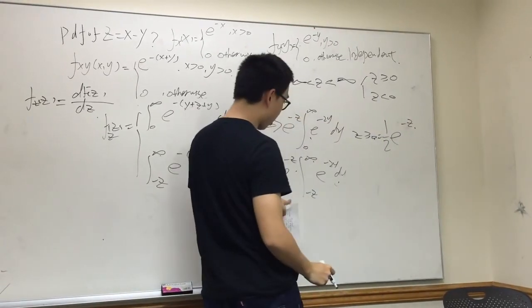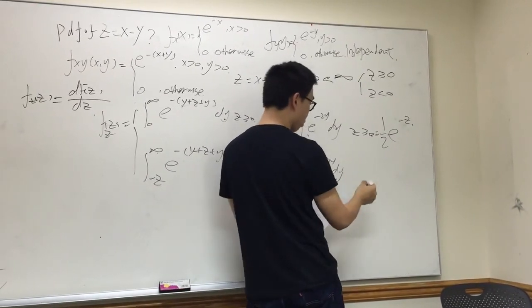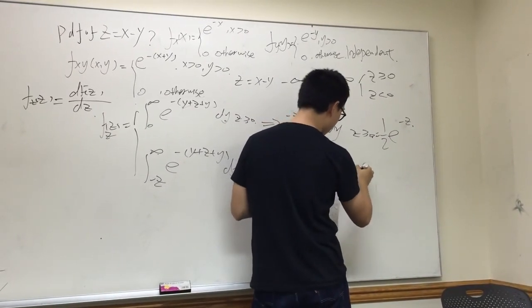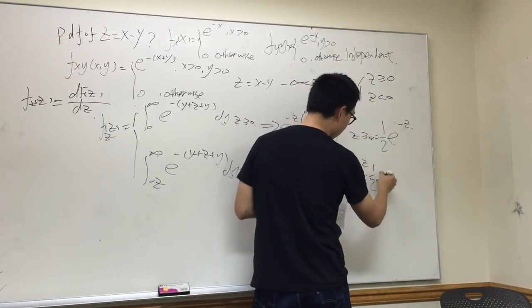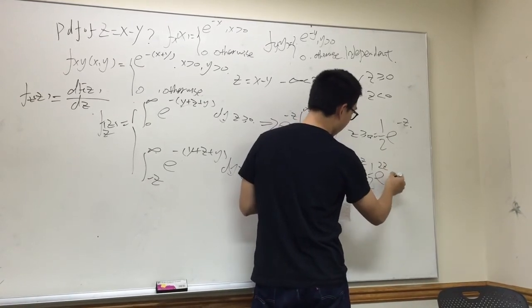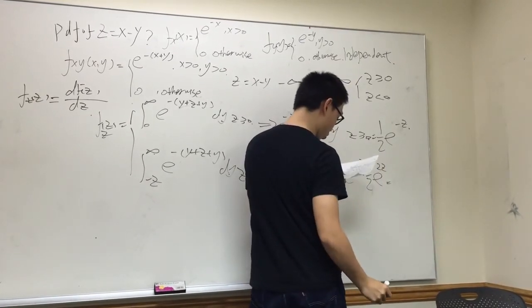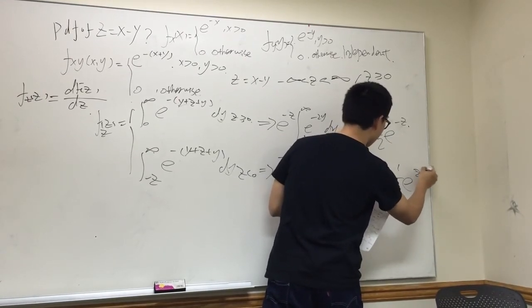And when z is less than 0, the ultimate solution is e to the minus z times half of e to the 2z, which equals half of e to the z.